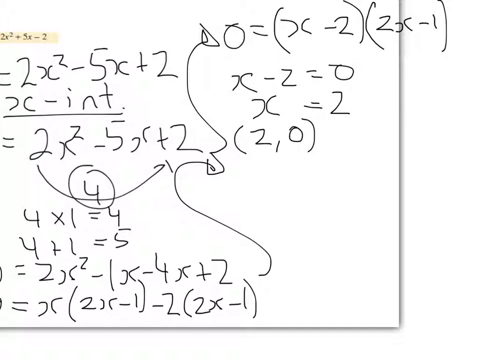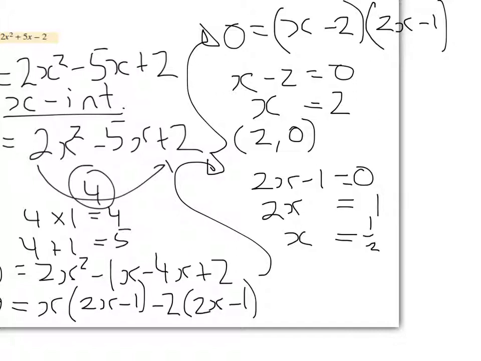Once again, if this is equal to 0, the whole thing's equal to 0. So I'm going to write 2x minus 1 equals 0, so 2x is equal to 1, x is equal to a half. So I have the point 1 over 2, 0.